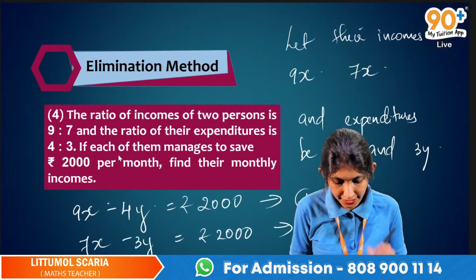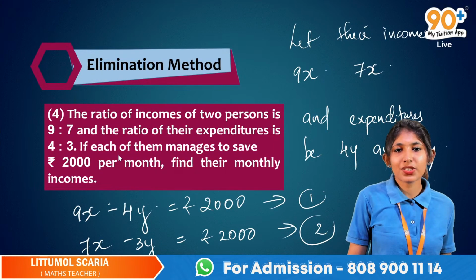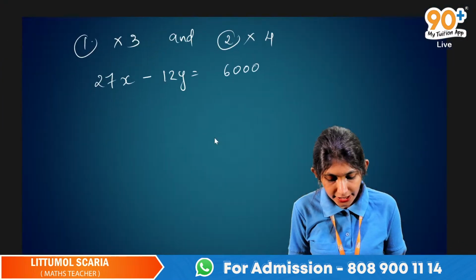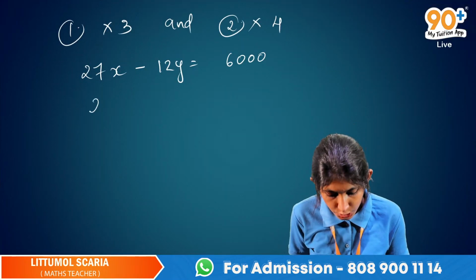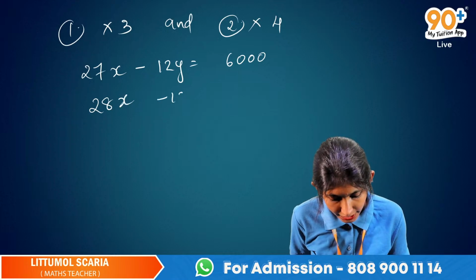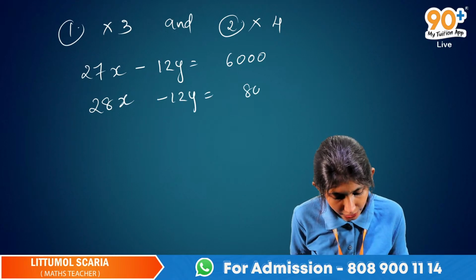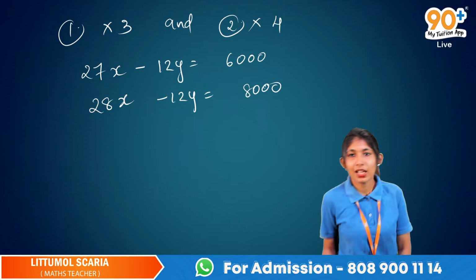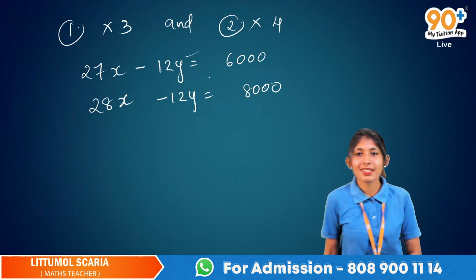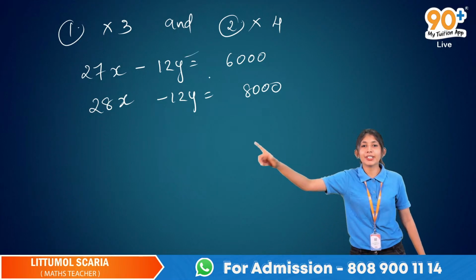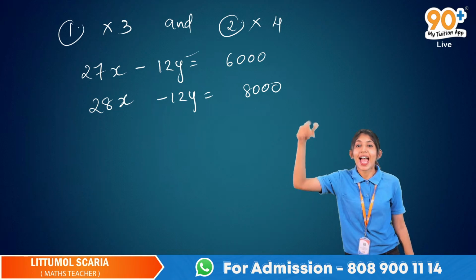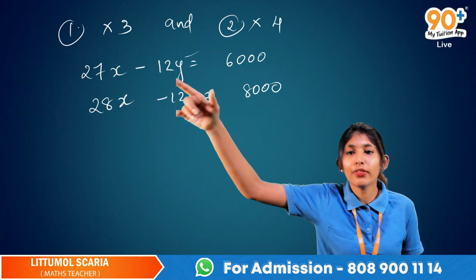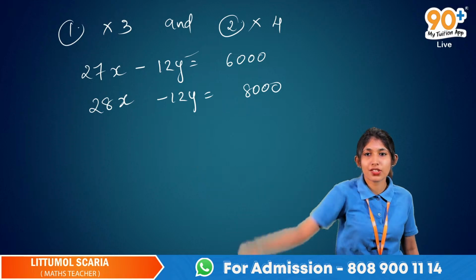What will happen in the second equation? 7x minus 3y is equal to 2,000. Multiply with 4. 28x minus 12y is equal to 8,000. 12y same. So that's why we multiplied the first equation with 3 and the second equation with 4. Now we got the coefficients of y in both the equations to be same.